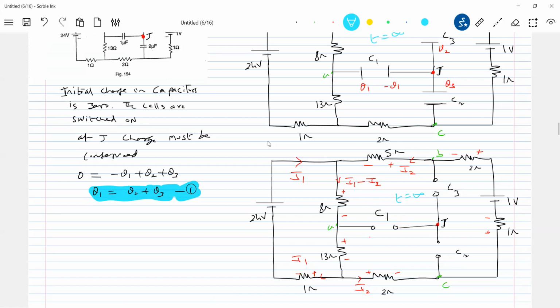Okay, fine. So looking at this, write the equation for KVL: 24 plus 5I2 plus 2I2 minus 1 plus I2 plus 2I2 minus I1 equal to 0.